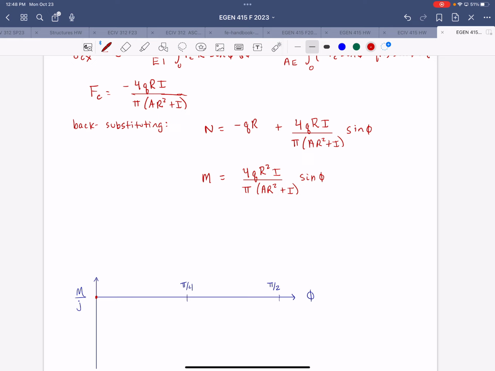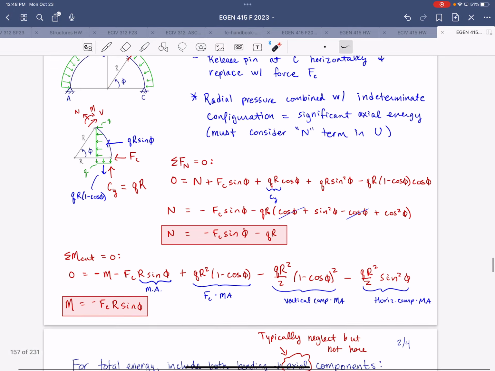So the last step in this example is to plot the moment distribution from the fixed support to the free end. Actually, I take that back. This is plotted in the reverse. So we're taking phi as 0 as point C, the way I'm going to set it up.